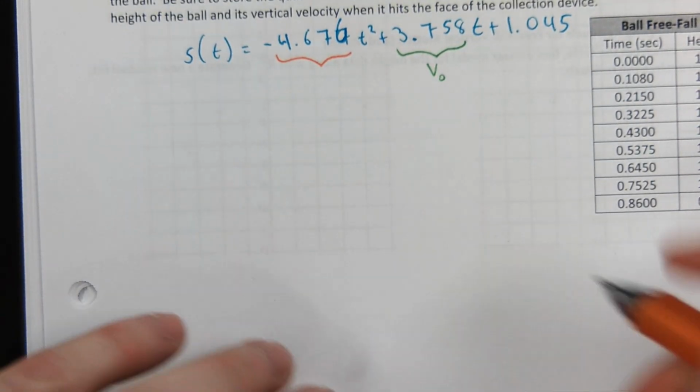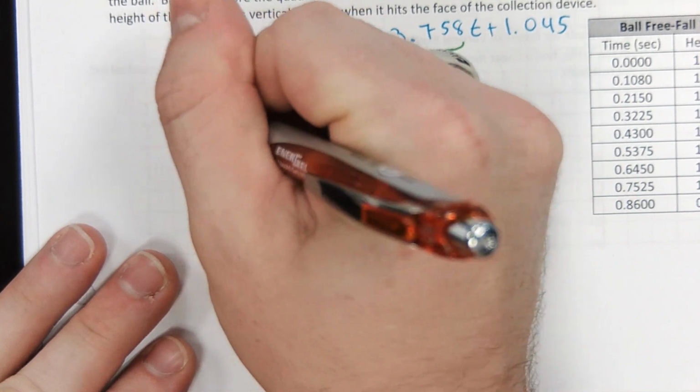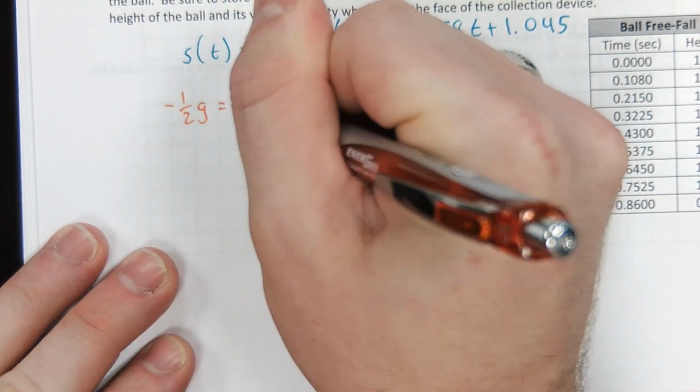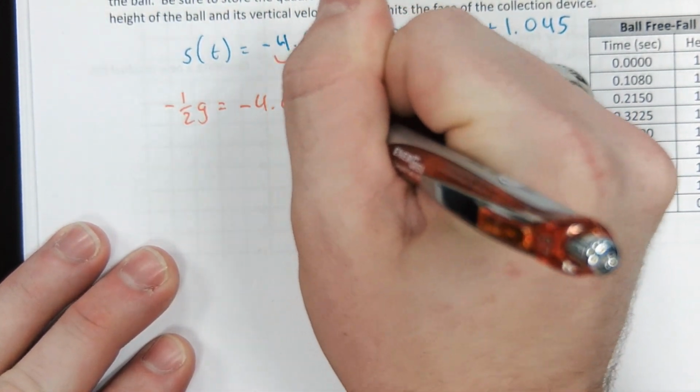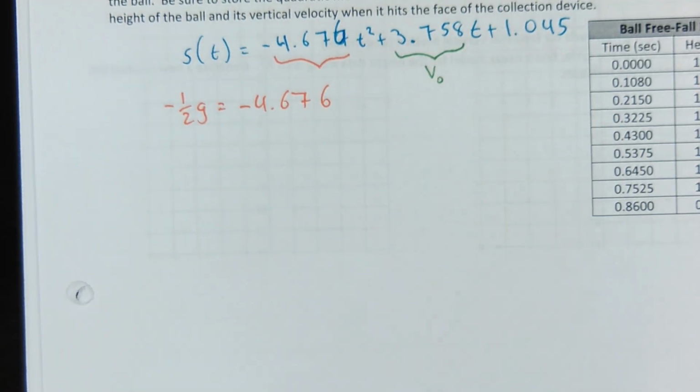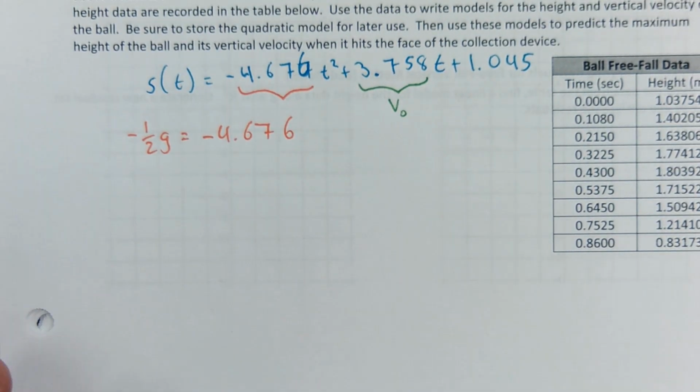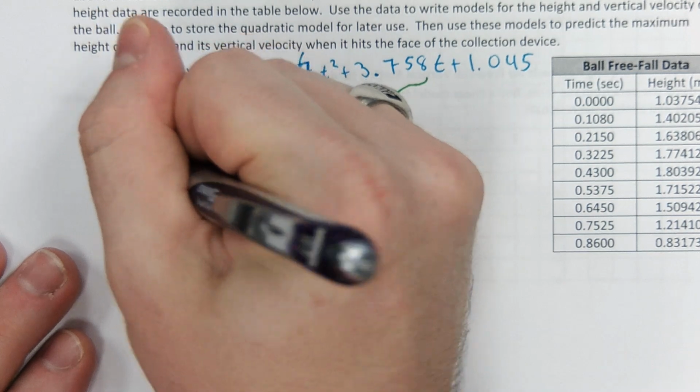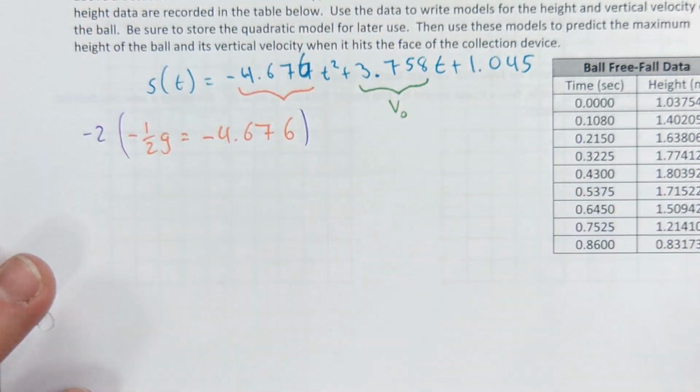Okay, so the calculator says that negative 1/2 of gravity is negative 4.676. So to figure out what our calculators think gravity is, we will multiply both sides by negative 2.